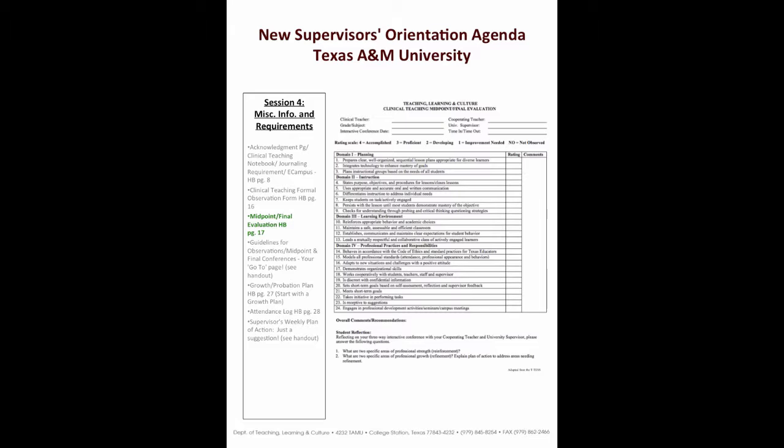Cooperating teachers do not enter their numbers online from either the midpoint or the final conference. When you are entering comments from the midpoint or final conference onto the online form, be sure to include specific comments from the cooperating teacher.